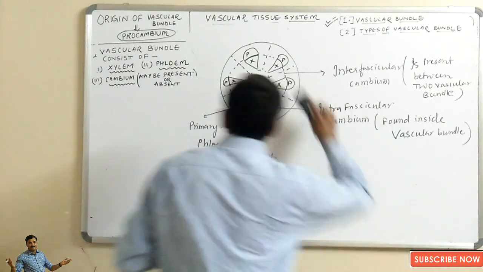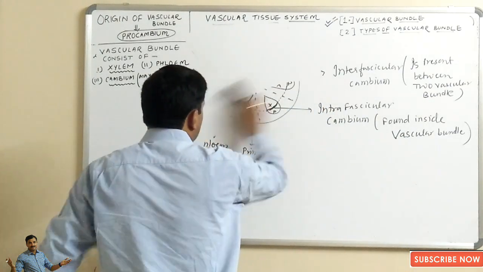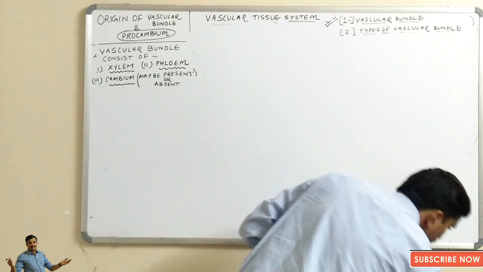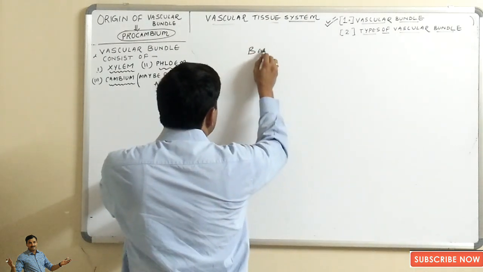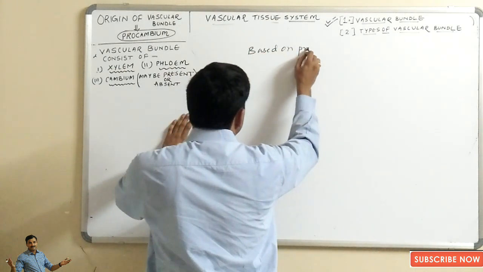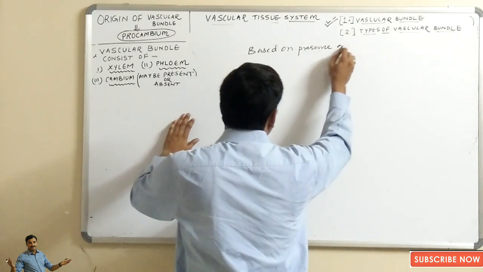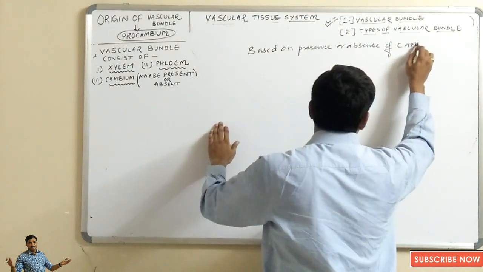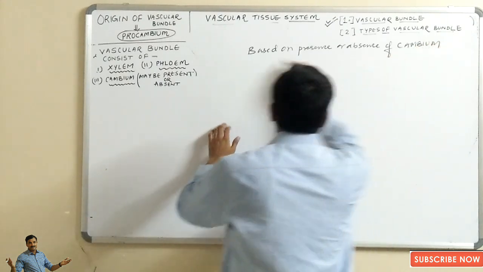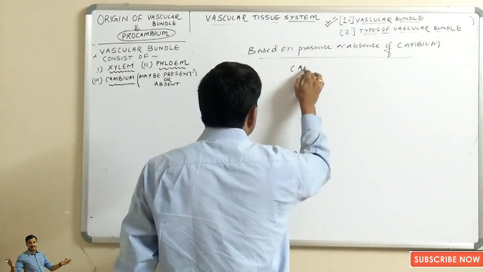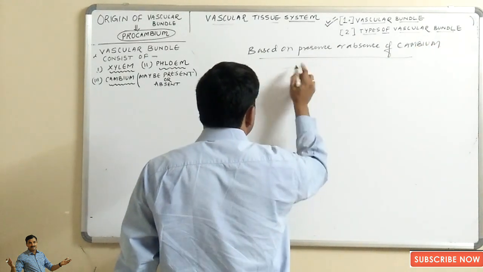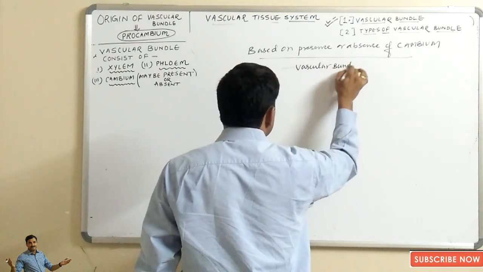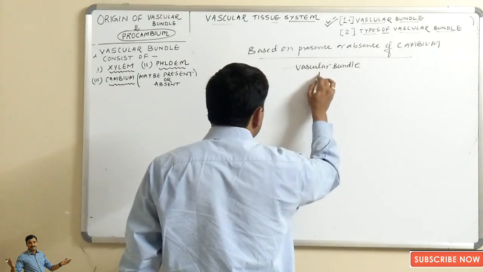Okay, now based on the presence or absence of cambium, we can say that this classification of vascular bundles is based on presence or absence of cambium.